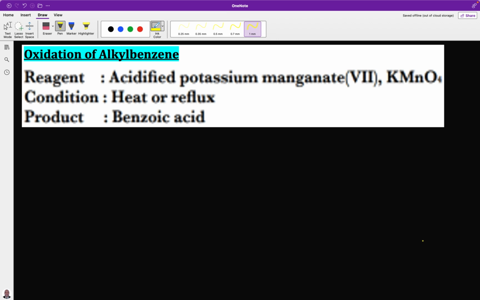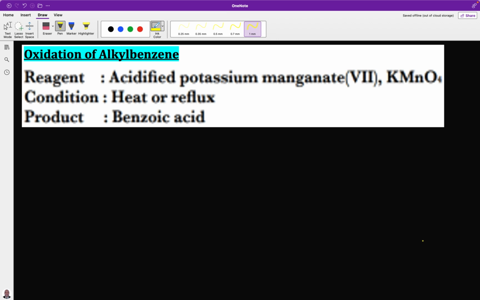The reagent is an oxidizing agent. And what is oxidation? Oxidation, when it has to do with organic compounds, is the addition of oxygen into a compound with subsequent removal of hydrogen.